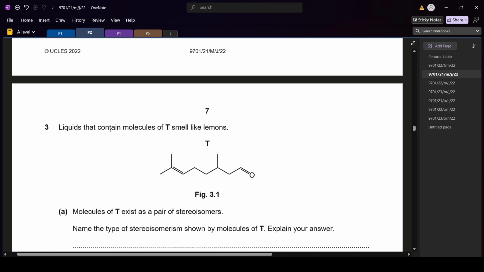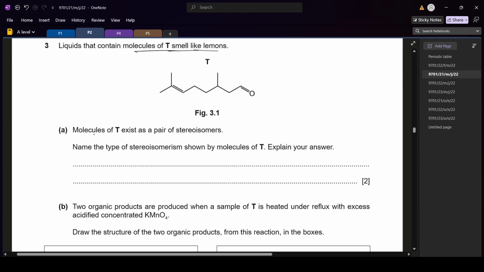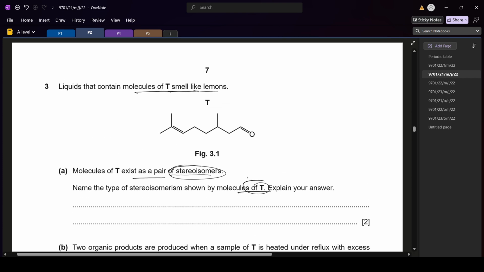Okay, question number 3. Liquid that contains molecule T smells like lemons. Molecules of T exist as a pair of stereoisomers. Name the type of stereoisomerism shown by molecule of T. So if you see on the T, you can see there is a chiral carbon.